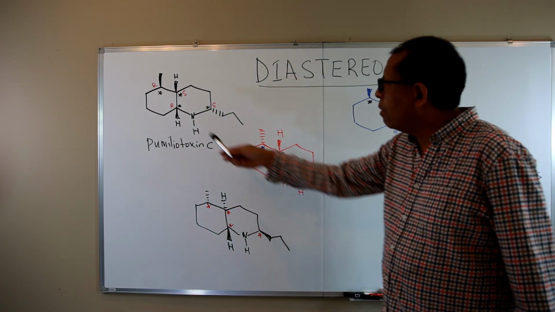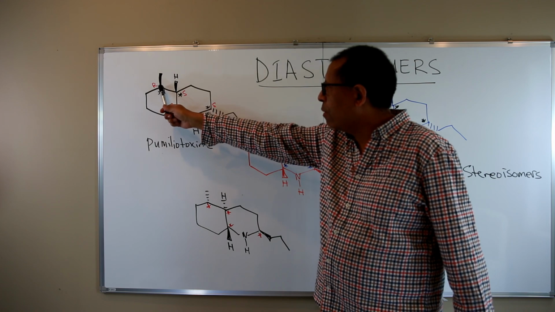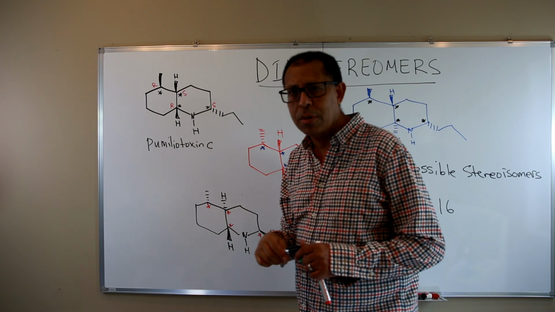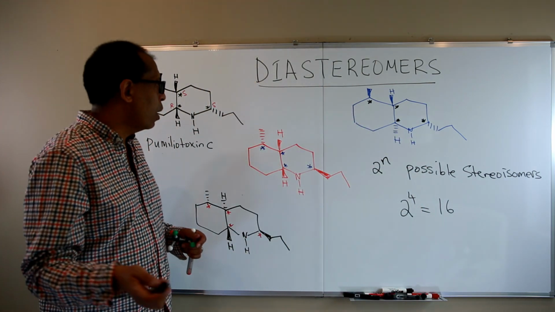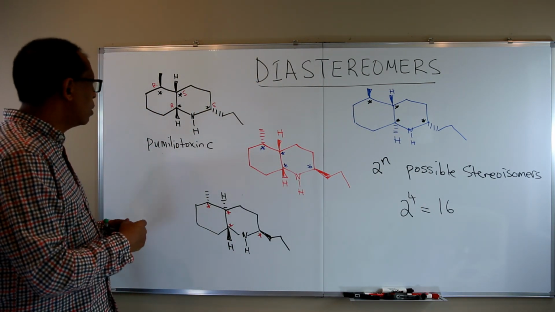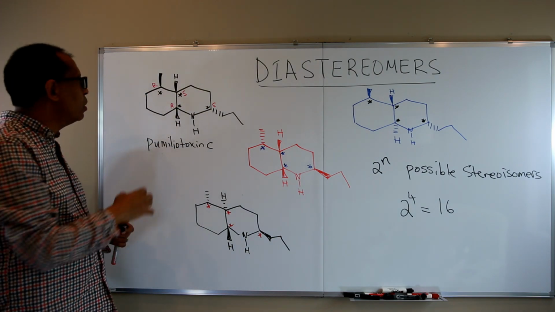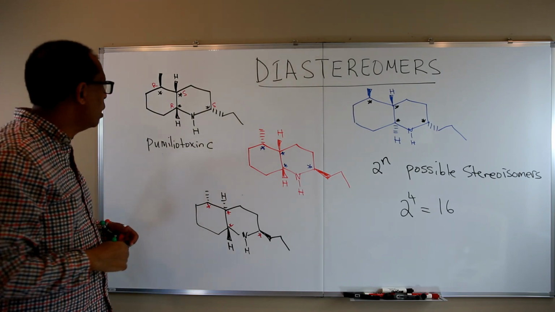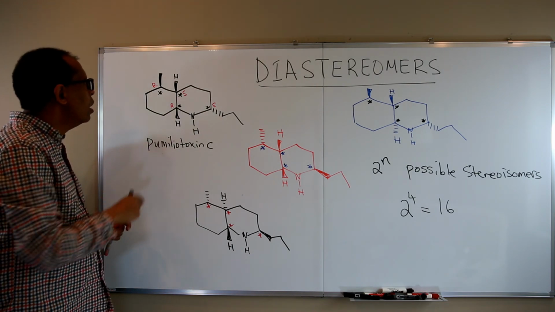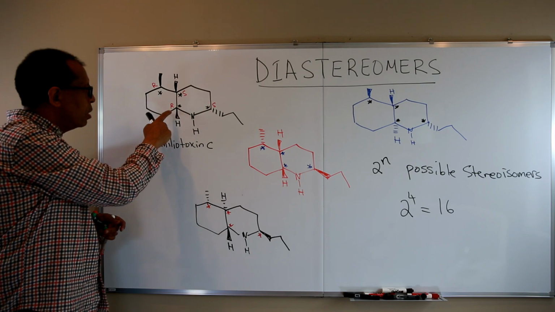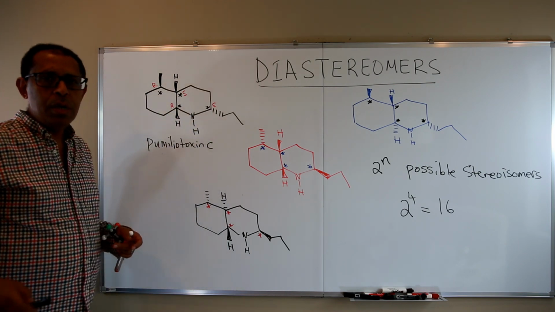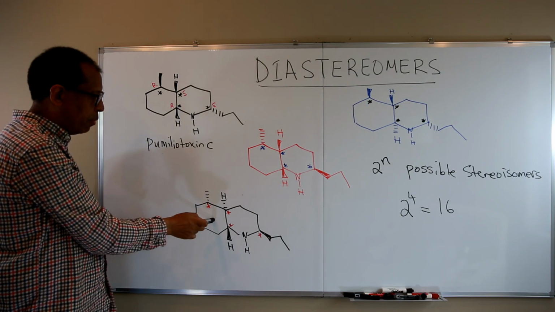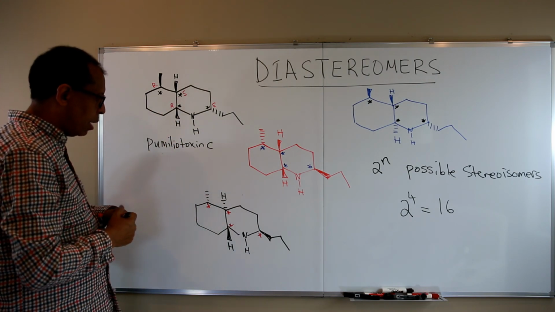Remember to review your assignment of R and S, because we have already covered how to assign R and S. Based on that rule, this carbon is R. I want you to check this on paper. This is S, this is R, this is S. So if we assign this diastereomer, they are not mirror images now.